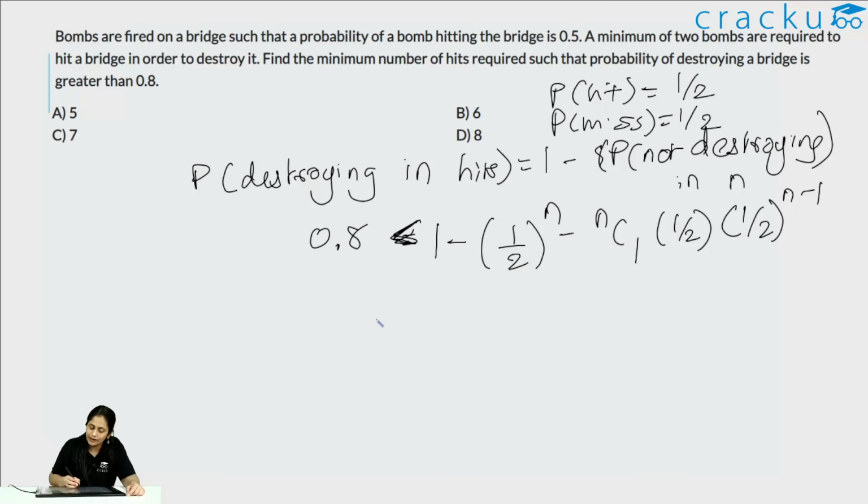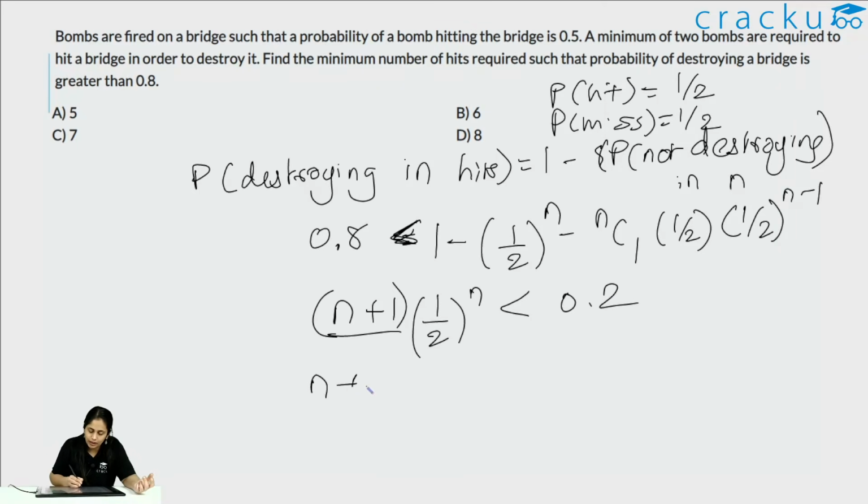So this is essentially n plus 1 times half raised to n, since nC1 is nothing other than n. So this has to be less than 0.2. Essentially, (n plus 1) divided by 2 raised to n has to be less than 0.2.